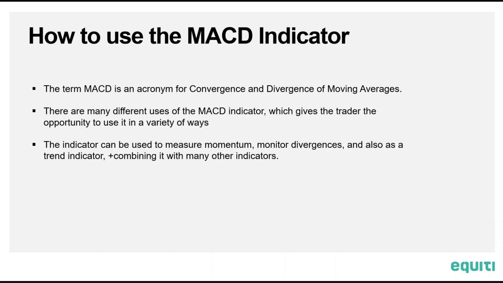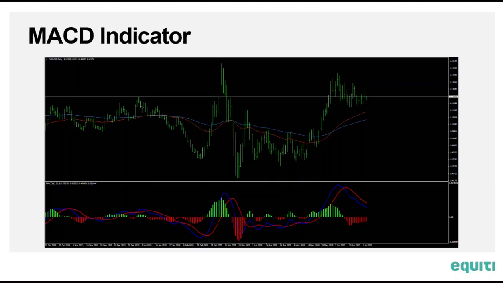There are many different uses of the MACD indicator, which gives a trader the opportunity to use it in a variety of ways. It can be used to measure momentum, monitor divergences, and as a trend indicator, plus combining it with many other indicators.